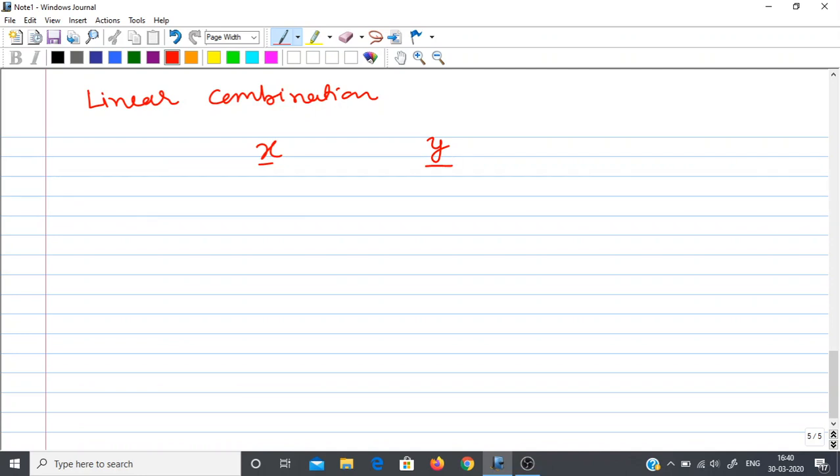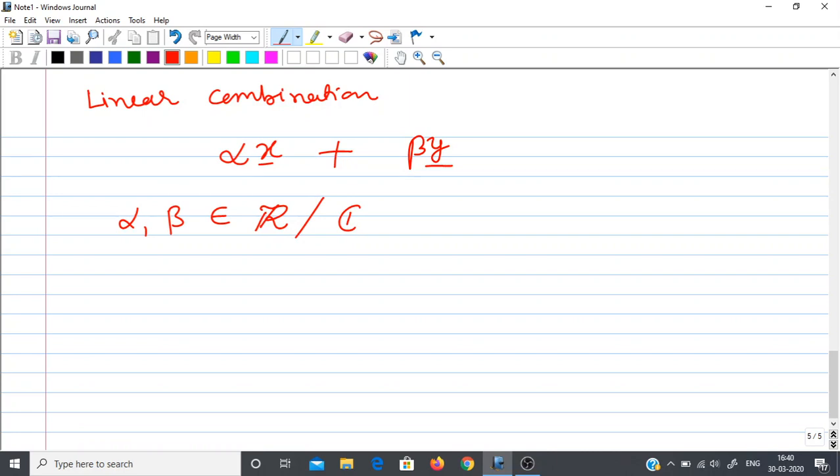Then if you multiply these vectors by some constants or scalars alpha and beta, where alpha and beta may belong to the set of real numbers, or they may belong to the set of complex numbers, and if we add, we get a new vector.